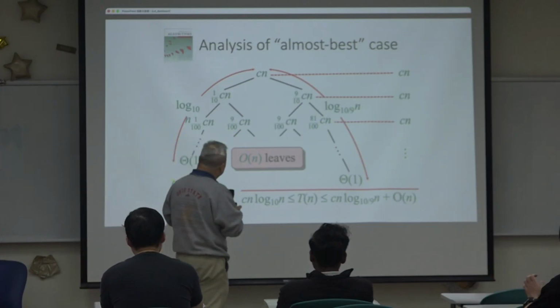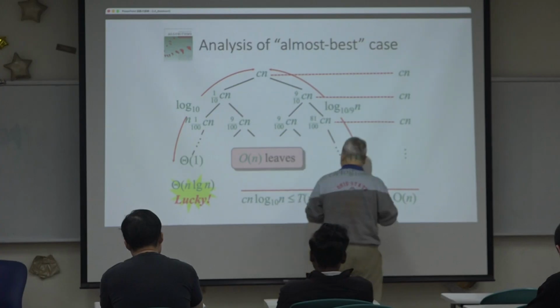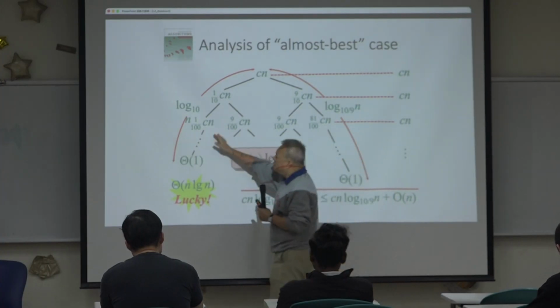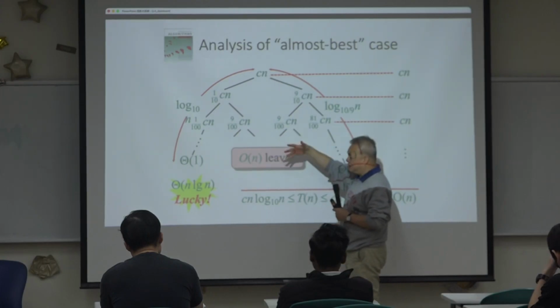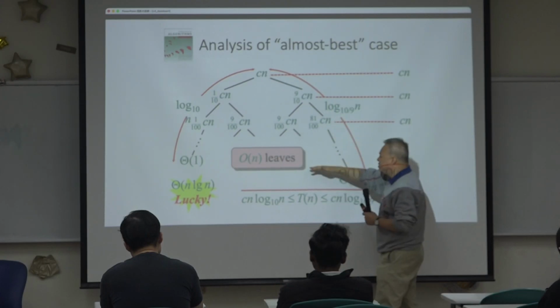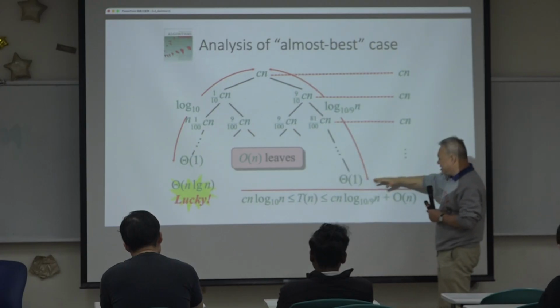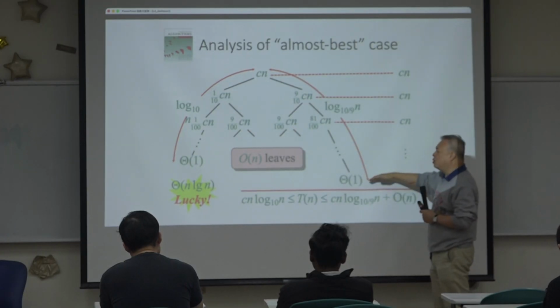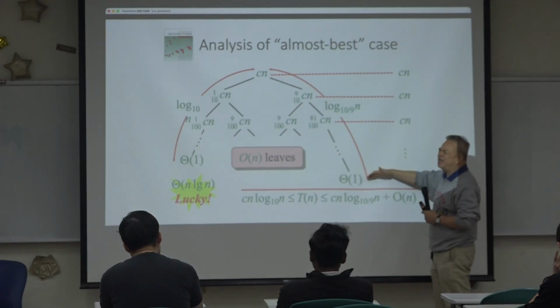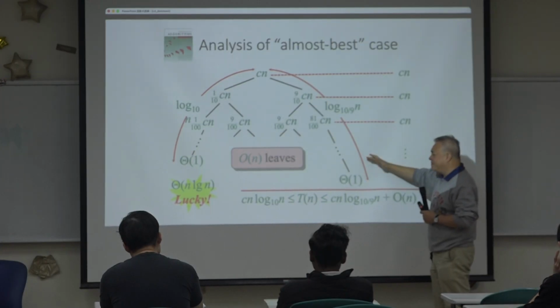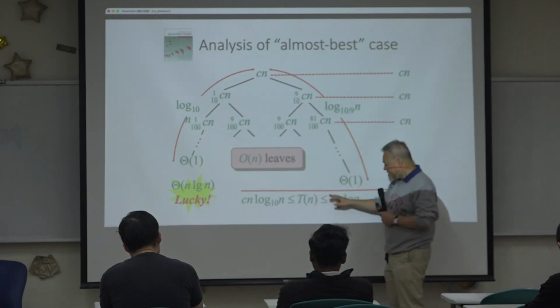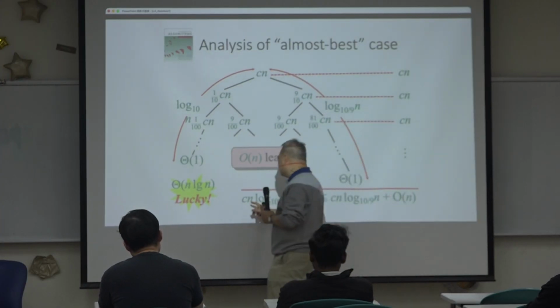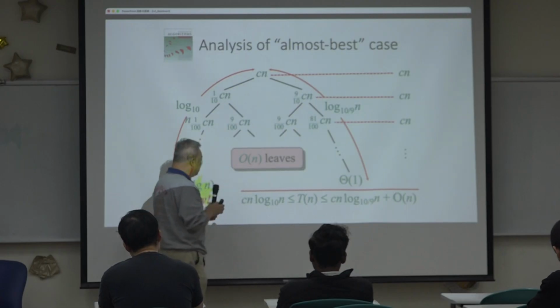So T(n) cannot be any worse than this one, because a lot of other branches die much earlier. Here we assume that all the branches are available, even to this level, but that is not the case. So this is less than or equal to that, and we know it must be greater than this one.